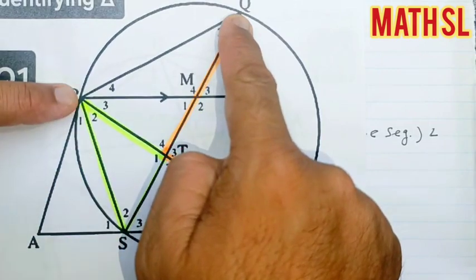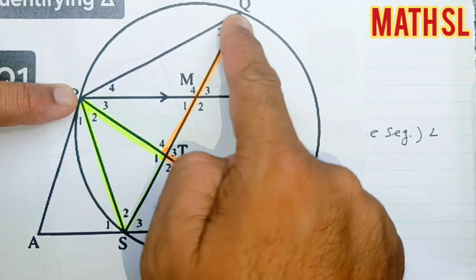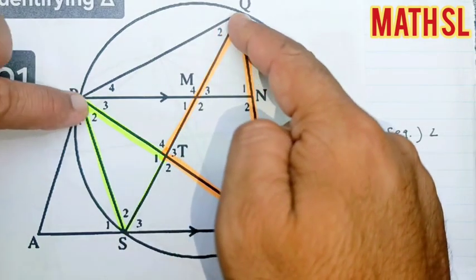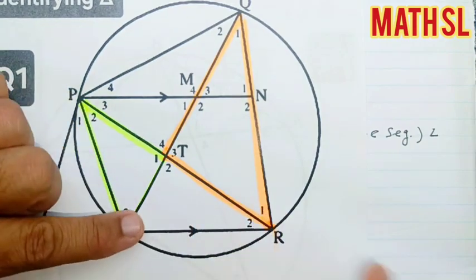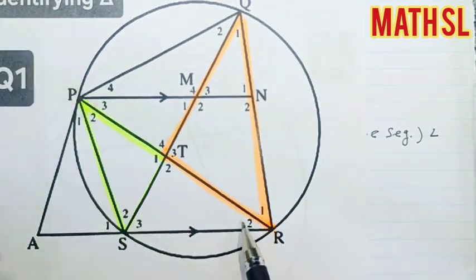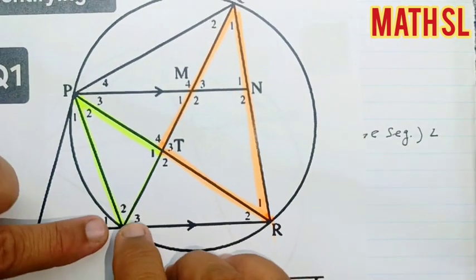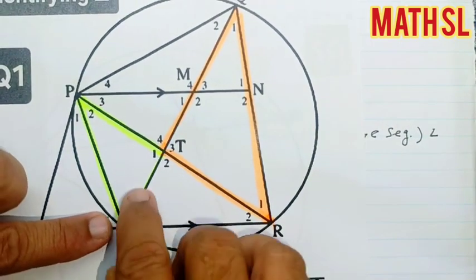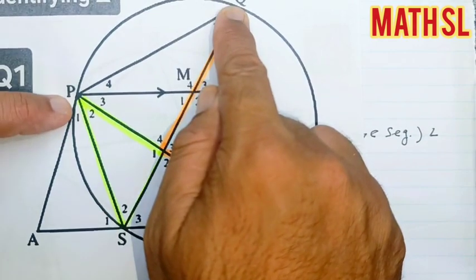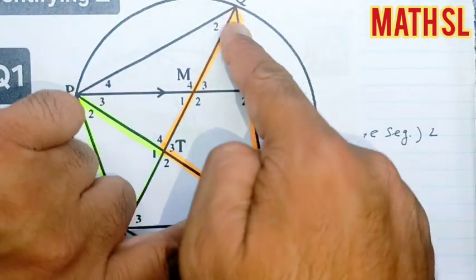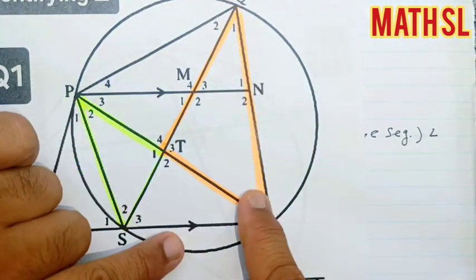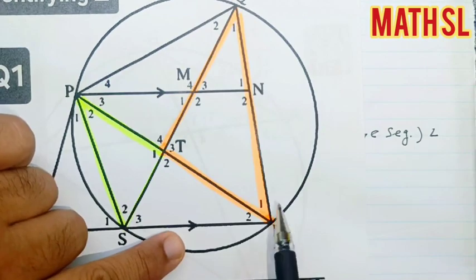We're using PQ as our chord, and from there, angle R1. Have a look, R1. So S2, there we go, S2 by Q and P. PQ is a chord. Now this chord goes back to angle R1. So we're using angle R1 here.